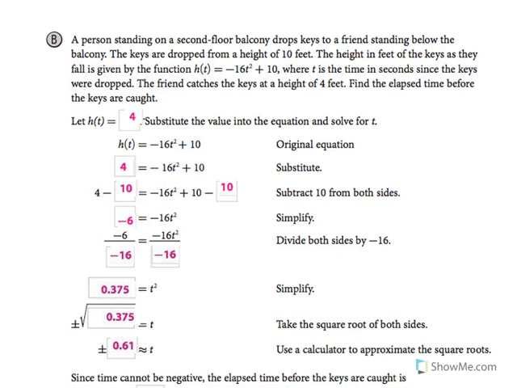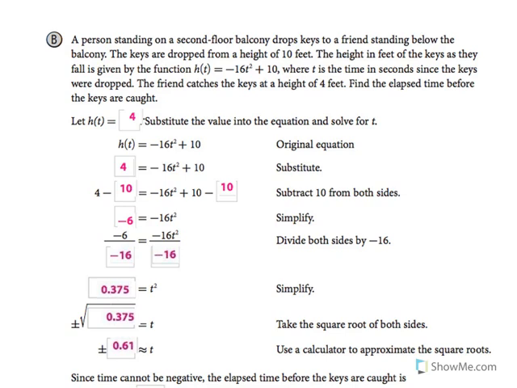The keys are dropped from a height of 10 feet. The height in feet of the keys as they fall is given by the function h of t equals negative 16t squared plus 10, where t is the time in seconds after the keys are dropped. The friend catches the key at the height of 4 feet. Find the elapsed time before the keys are caught.